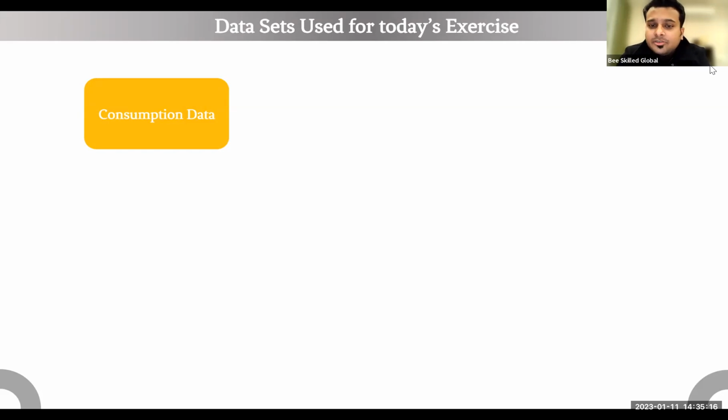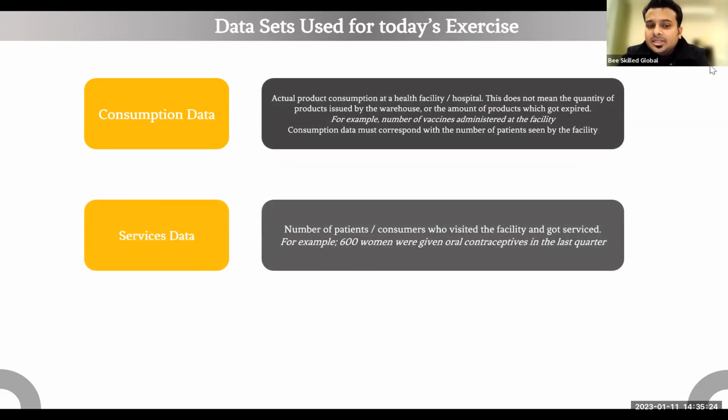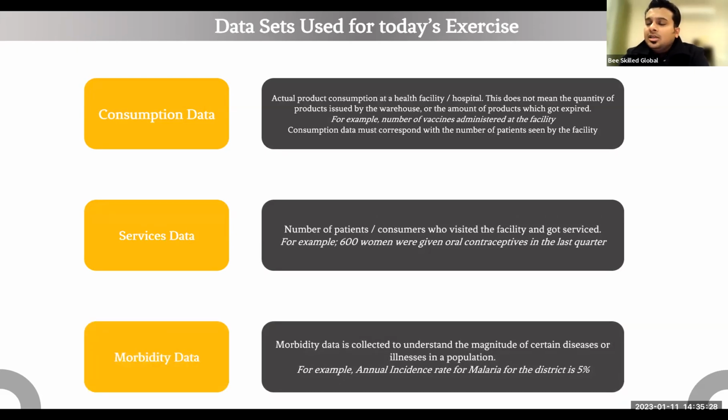The third one is surveillance data, also called morbidity data. You may have heard of morbidity data. It is also called surveillance data because the data is collected by undertaking surveillance of diseases. On your screen, all three data sets are defined.